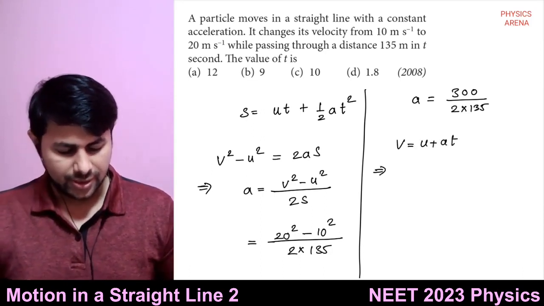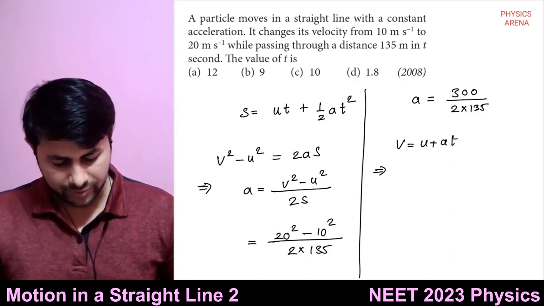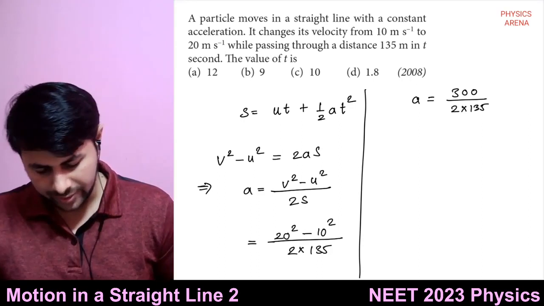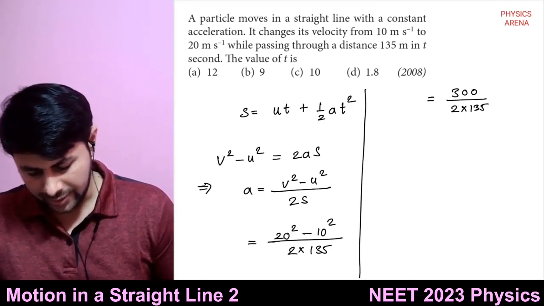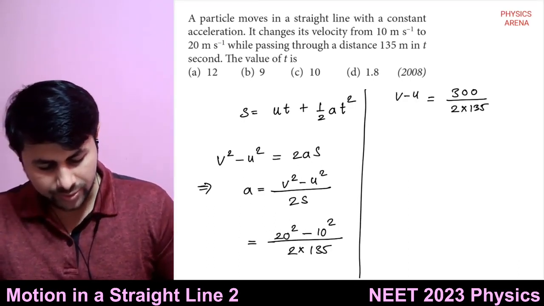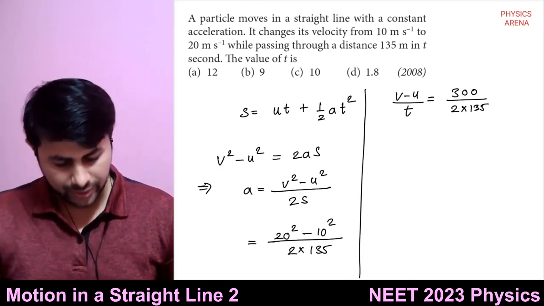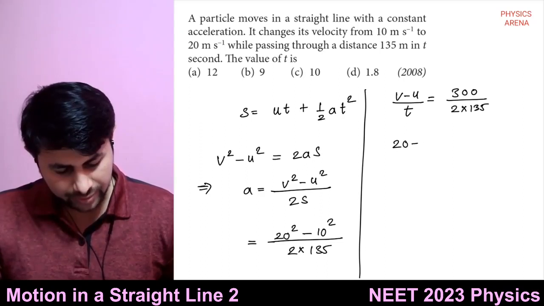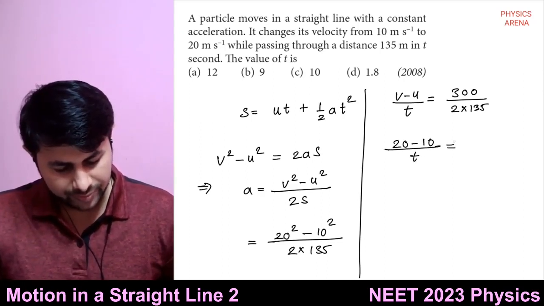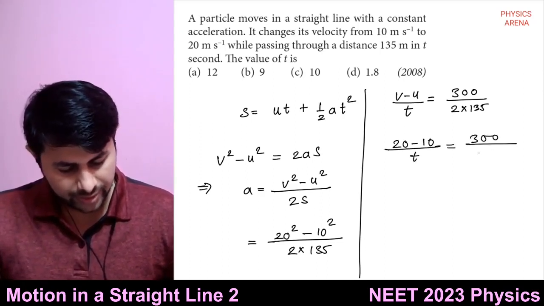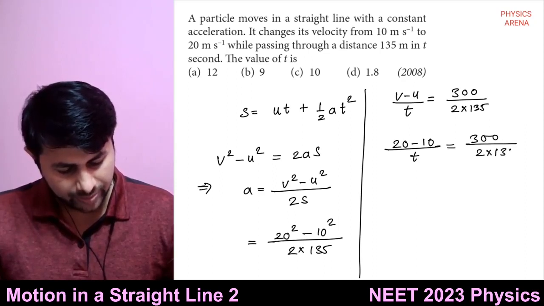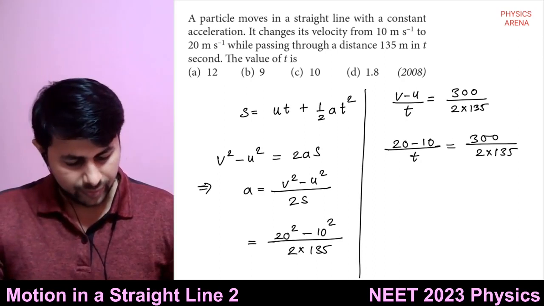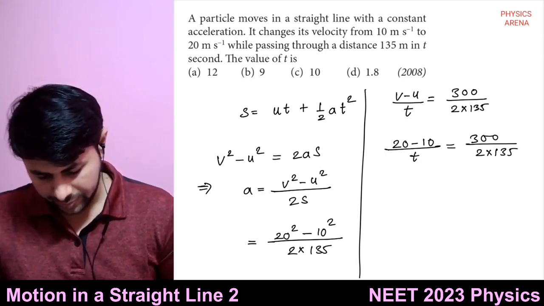That means acceleration here itself, I can write as v minus u divided by t. So what is v and what is u? It is 20 minus 10 divided by t, equal to 300 divided by 2 multiplied by 135. All right, so this is 10, so you can cancel out this thing.